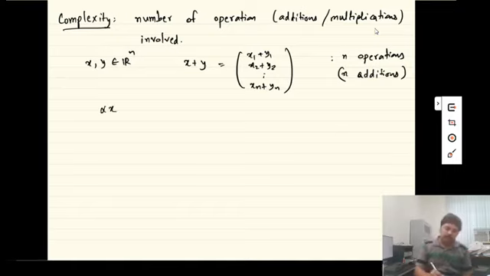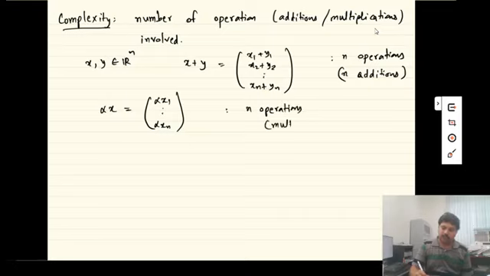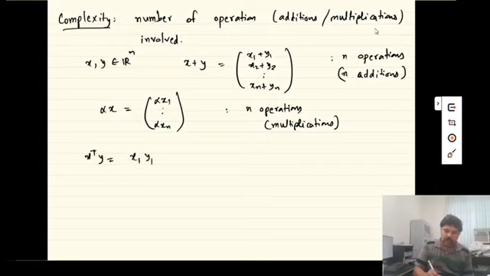Similarly, for scalar multiplication alpha x, you have alpha x1 up to alpha xn. So again you have n operations, but those n operations are now multiplications, right? You have to perform n multiplication operations. So alpha x is n multiplication operations. And the third thing that we studied was inner product x transpose y, which is nothing but x1 y1 plus x2 y2 plus xn yn. So here you are required to do n multiplications, and how many additions? n minus 1 additions.